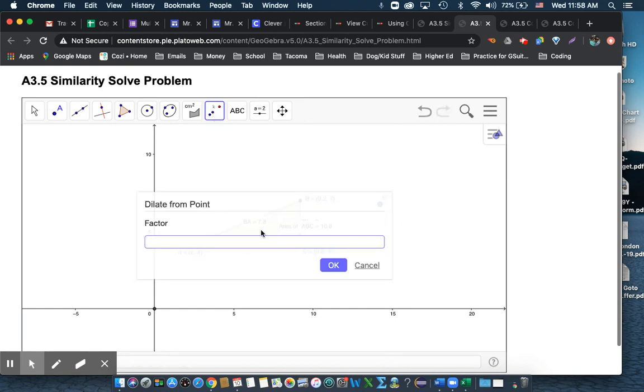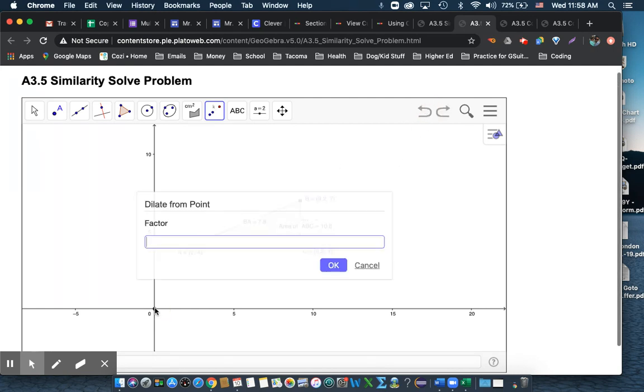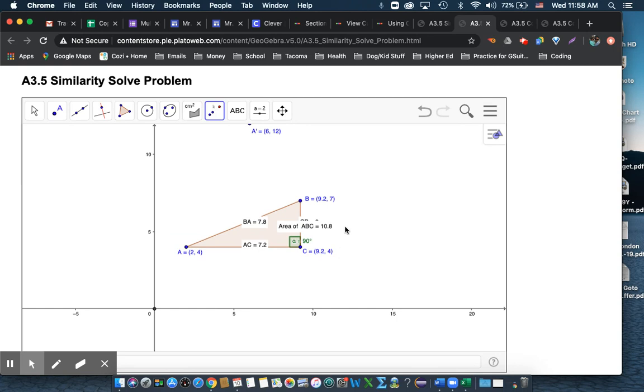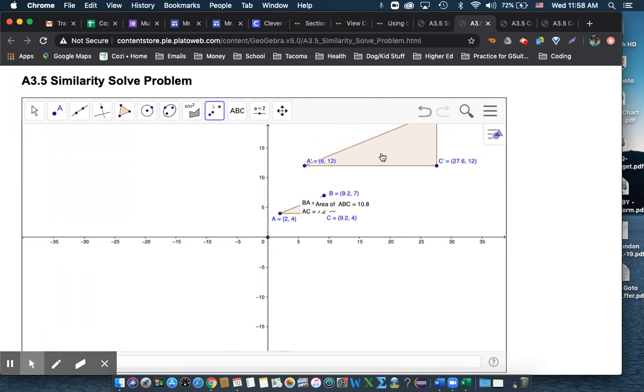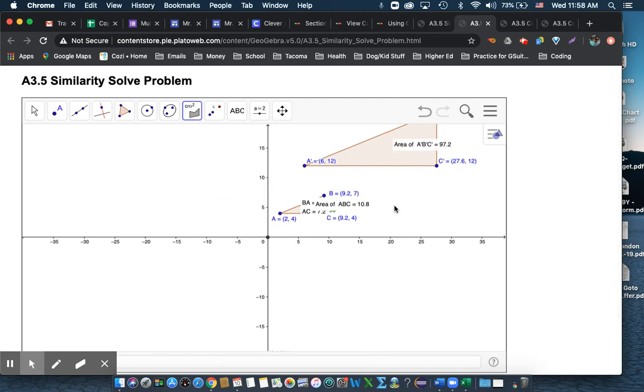Oops, I need a point of dilation, so cancel, backwards, and then the point of dilation's here, 3. Look how big that is. Now let's find the area of that. 97.2. That's because our scale factor is 3 over 1, and 3 over 1 squared is 9. So 10.8 times 9 is what gave me this. So whatever your scale factor is, you have to square it to get your area ratios.